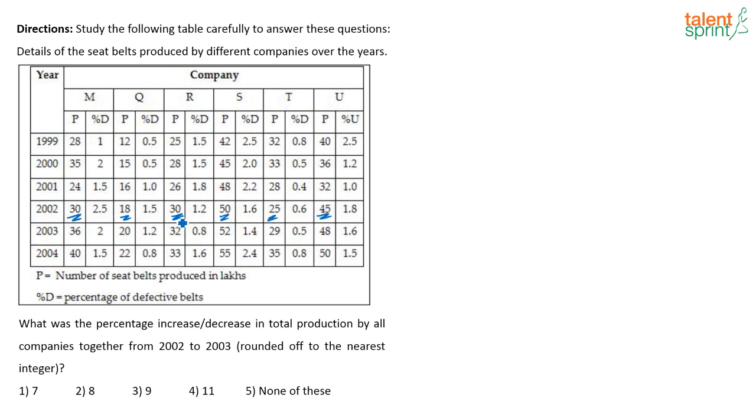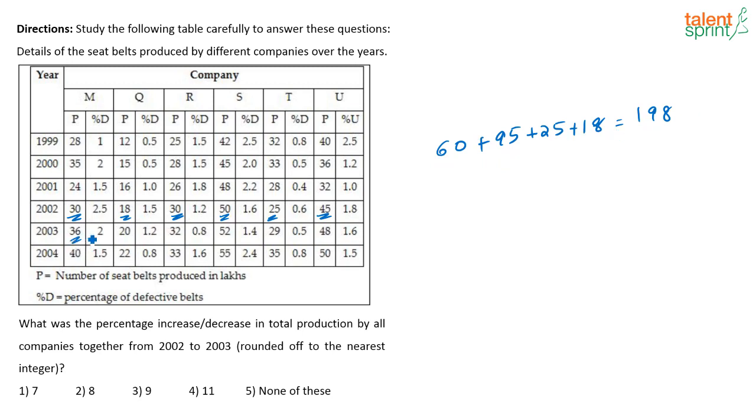So 30 plus 30 is 60, 50 plus 45 is 95, and keep adding the rest. Totally you will get 180 plus 18, which is 198.